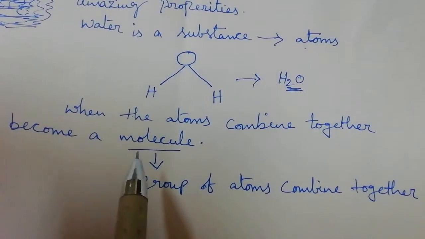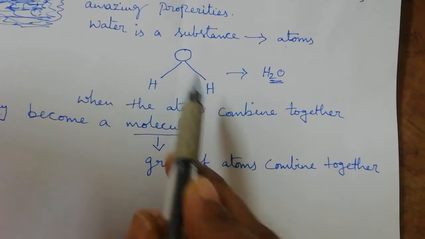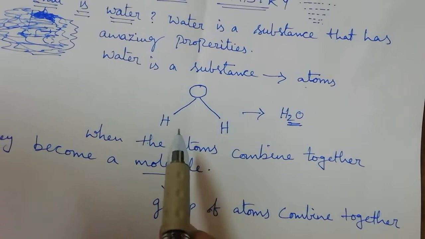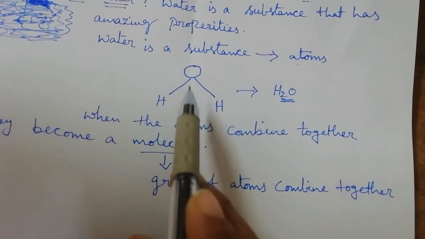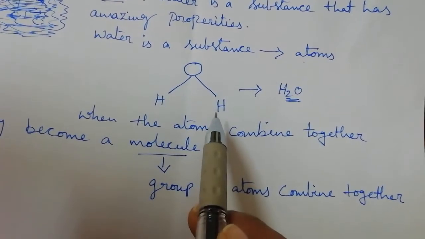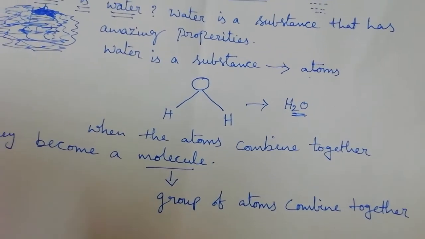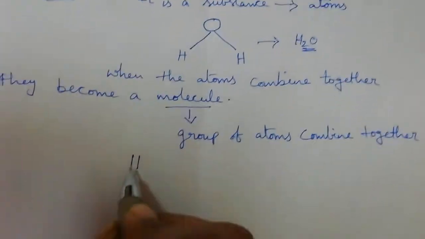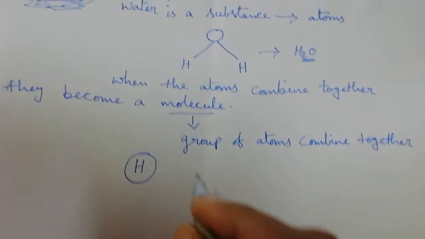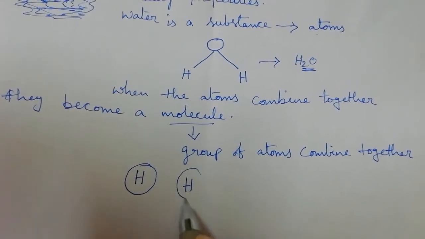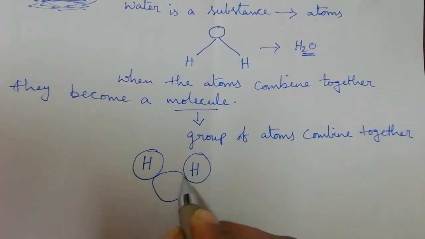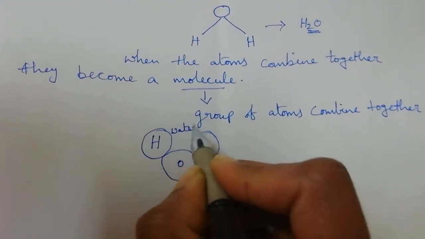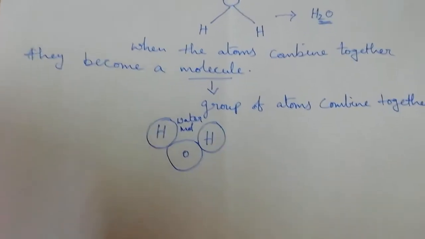And you know the shape of the molecule, when the hydrogen and oxygen are connected together, if you observe the shape, it's often referred to as the Mickey Mouse molecule. For H2O, it is often called the Mickey Mouse molecule, like this one. Here is a hydrogen atom, here is a hydrogen atom, and this is oxygen, and this is called the water molecule.